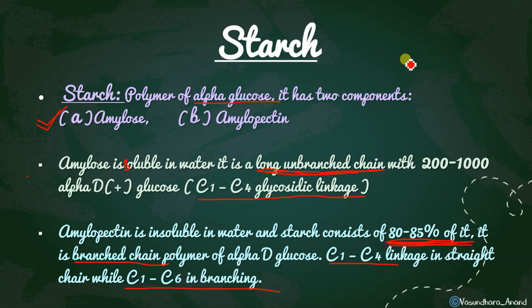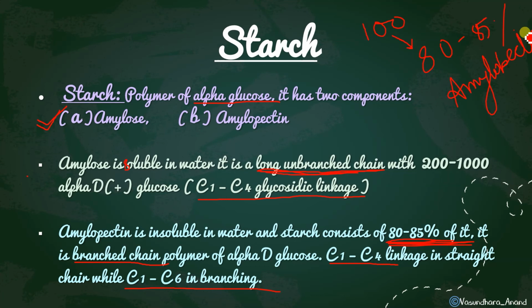If I'm talking about 100% starch, then 80 to 85% is amylopectin, and only the rest, 15 to 20%, is amylose. Got it?